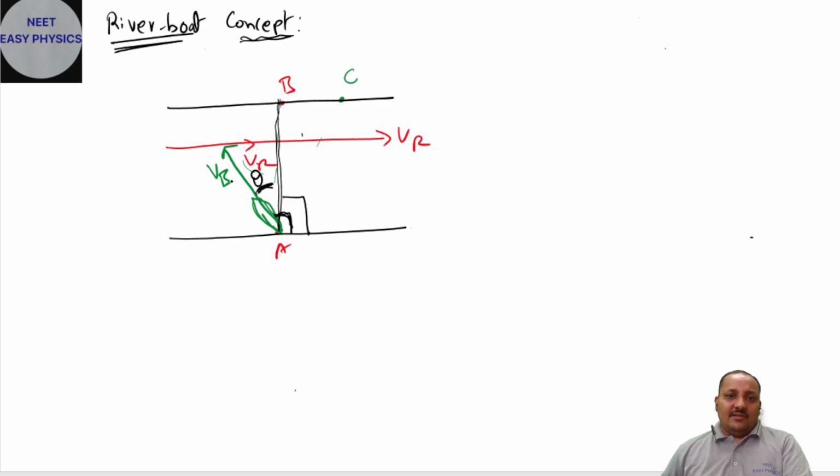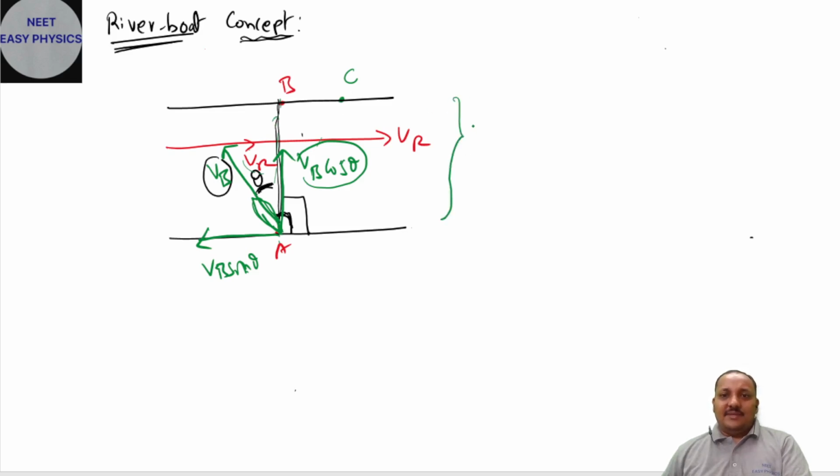Now, this VB you can resolve into two components. One is VB cos theta, another one is VB sin theta. Now, VB cos theta is in the direction of A to B. What is this distance from A to B?